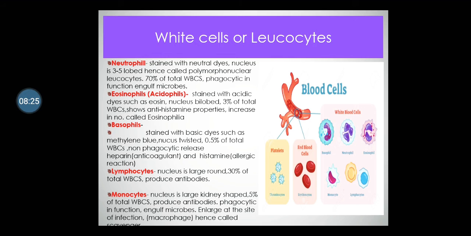Basophils. They stain with basic dye such as methylene blue. Nucleus is twisted and 0.5% of total WBC are present in blood. They are non-phagocytic, release heparin, that is anticoagulant, and histamine, that is for anti-allergic reaction.